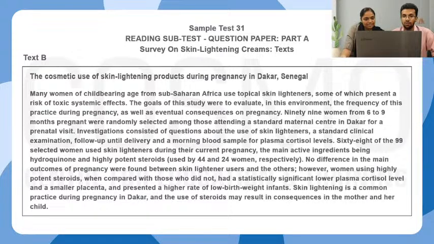And now the usual practice, that's the question. And here towards the end of the sentence, you got it here. Skin lightening is a common practice during pregnancy in Dhaka. So in the question, we got it as usual practice, and here in the text, it is given as common practice. Again, a synonym is coming here.